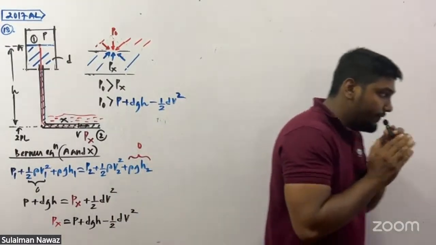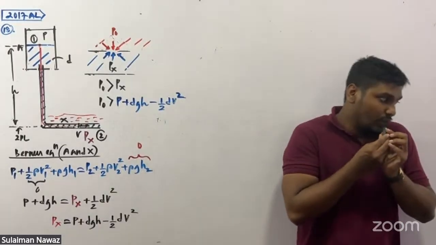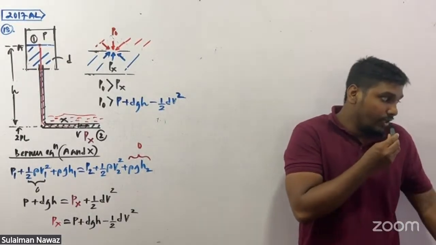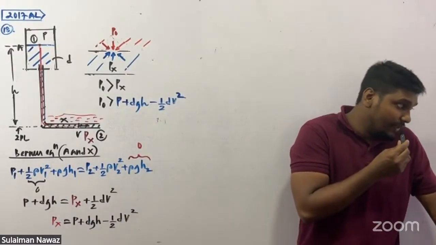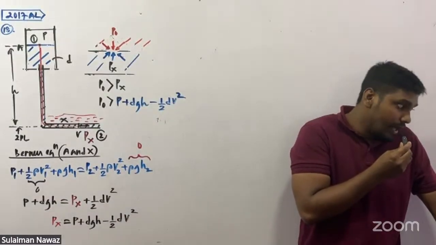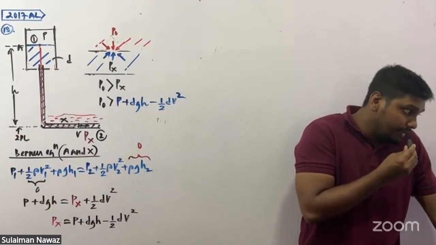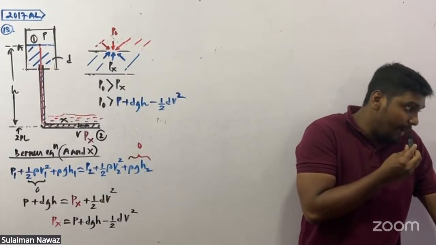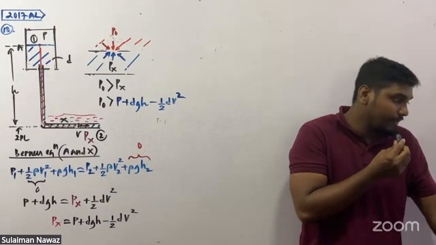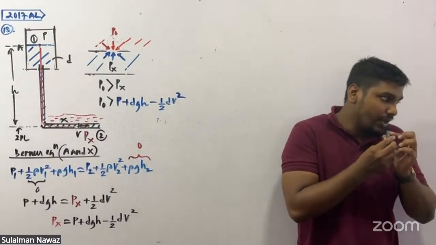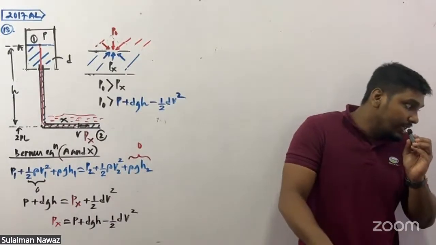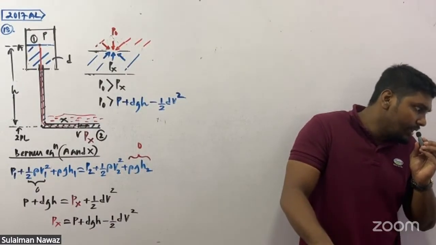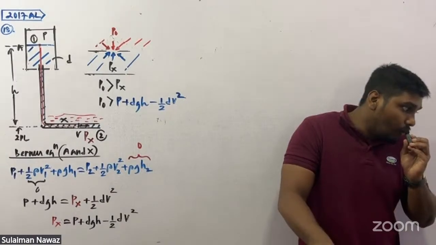As shown in the figure, a horizontal pipe ABC is connected to a water tank with a large cross-sectional area. The internal cross-sectional area of the pipe at B is twice that of C. Initially, a water tap T located at D is closed.